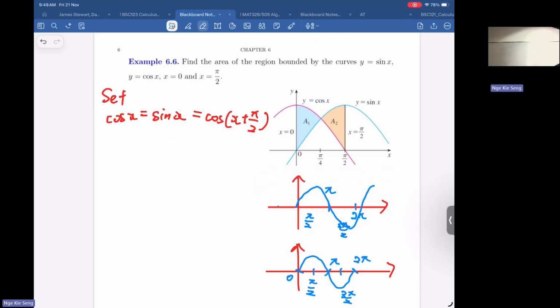So in this case I think this is easier, right? Cos x equals sin x, which is cos of x plus pi over 2. So you need to ask yourself when cos x has the same value at x plus pi over 2. If you look at the cos graph, it is symmetric across pi. Do you get what I meant?